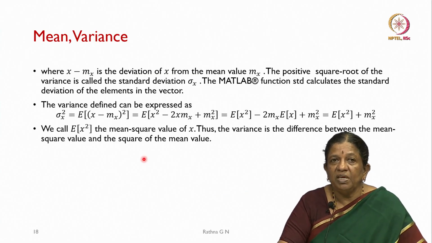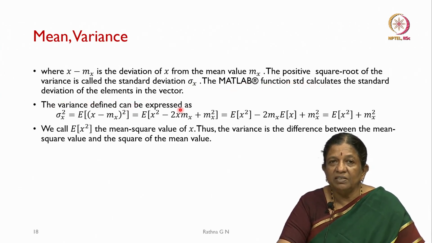So, these are the mean and variance definitions. X minus mx is the deviation of x from the mean value mx. The positive square root of the variance is called the standard deviation sigma x, and in MATLAB the standard deviation is calculated using the STD function.